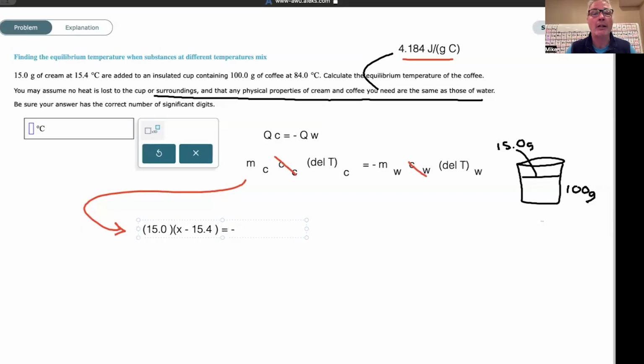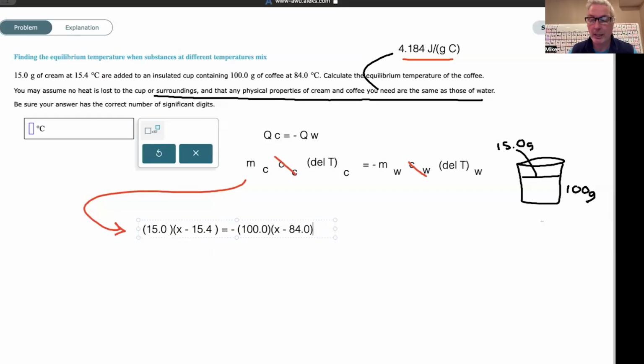Equals minus 100.0 grams. I put it in parentheses over there on the left, so I'm going to do it on the right. Times X. They're both going to get to the same X. Minus 84.0. And the thing is, we're going to solve for X.